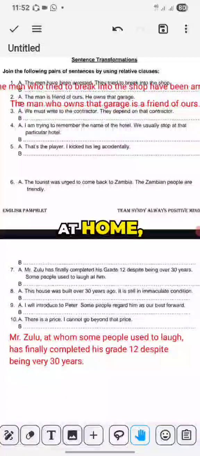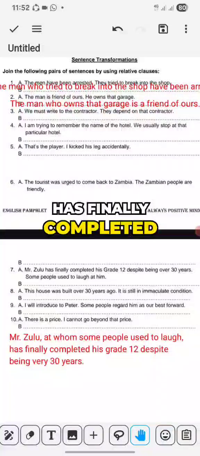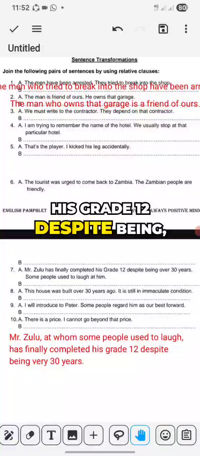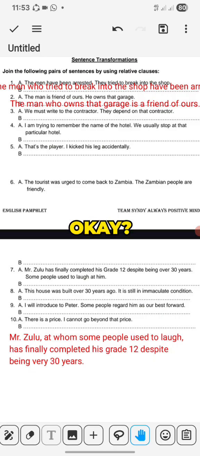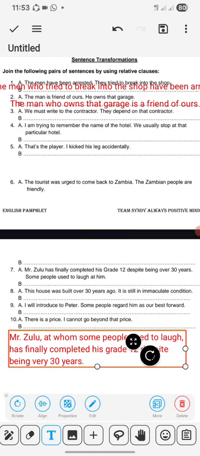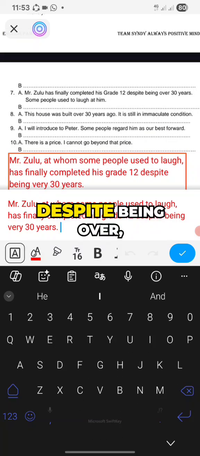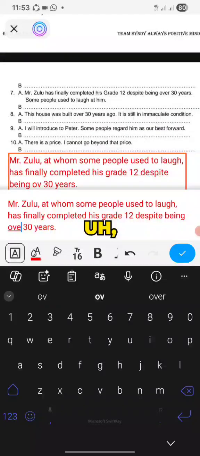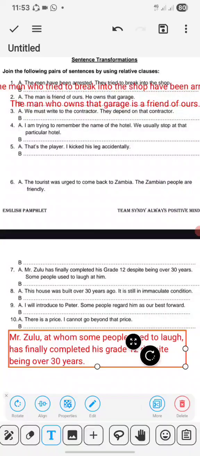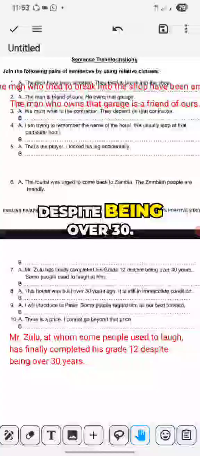Mr. Zulu, at whom some people used to laugh, has finally completed his grade 12 despite being over 30.